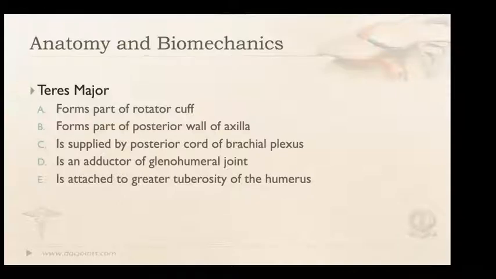Teres major, yes, it is. Does it form part of the rotator cuff? No. Teres minor, yes. Is it attached to the greater tuberosity of the humerus? No. A and E. It's supplied by the lower subscapular nerve. That is right.